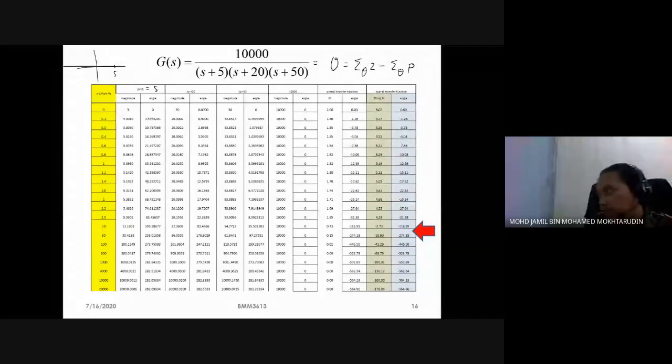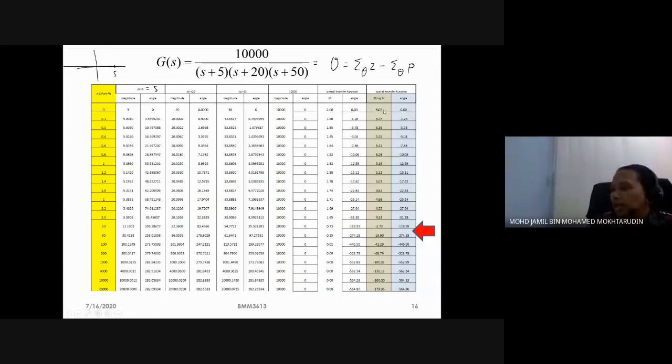To find the angle, you sum the zeros minus the sum of the poles. So all of these are zeros, you get 0 angle. And then for the Bode plot, you must make sure to convert the magnitude into decibel. So you calculate 20 log M, of the overall transfer function.